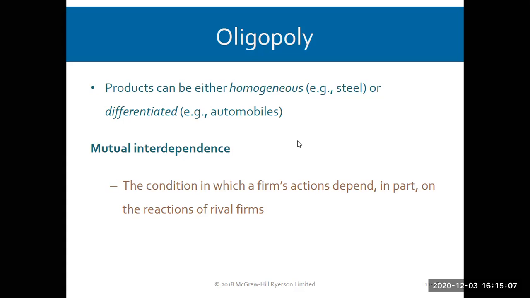Remember, these are just a few large companies. So mutual interdependence is the condition in which a firm's actions depend on the reactions of the other firms. So a firm's actions depend in part, at least, on the reactions of its rival firms, the firms that it competes with.